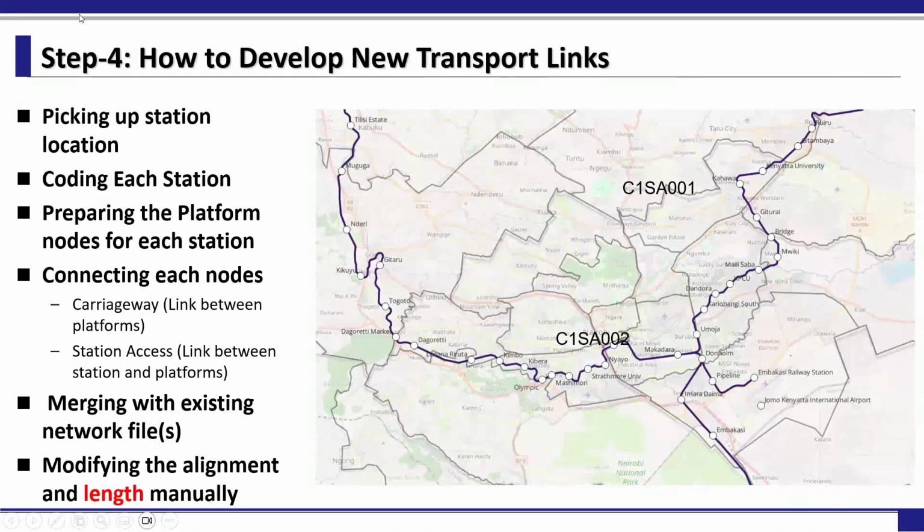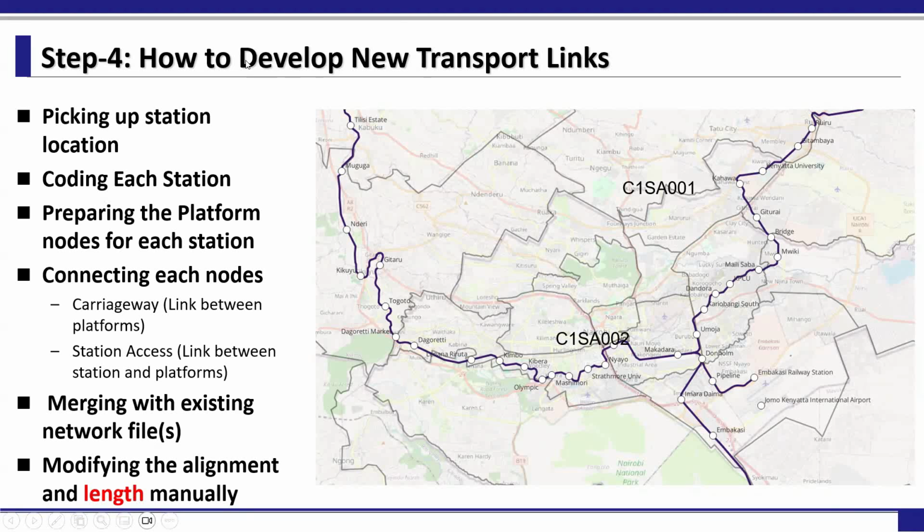Then step 4 is also a little bit difficult to explain. However, when you try to develop a new expressway, new bridge, new railway or BRT, how to develop it in the network is outlined in these pages.